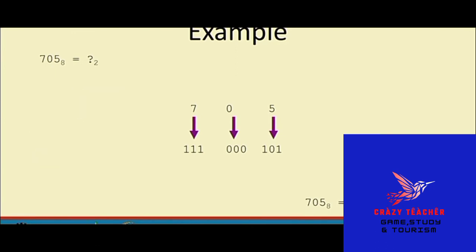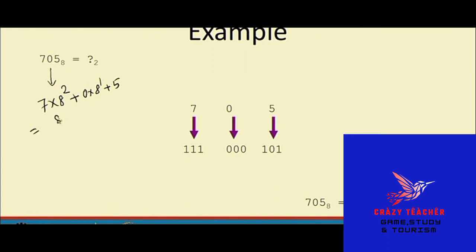Or the other way, you can convert 705 to decimal. So you will get 7 into 8 to the power 2, plus 0 into 8 to the power 1, plus 5.